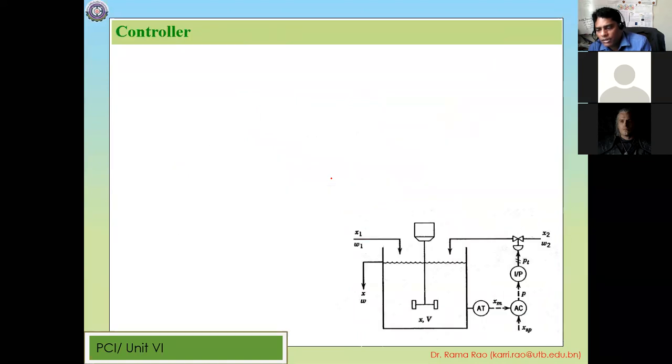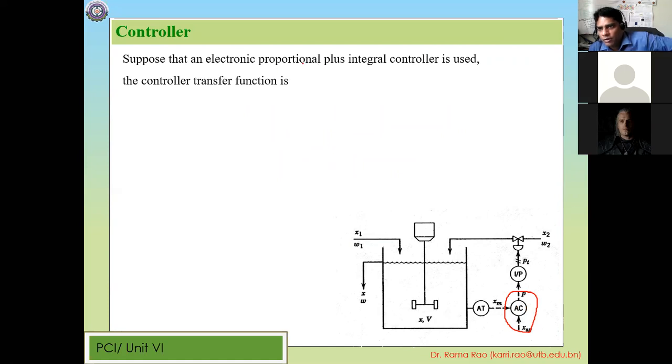The third component for which we are going to write the transfer function is the controller. Here the controller can be a simple proportional controller. It can be PD, or PID. For the time being, we just assume that it is a simple proportional plus integral controller.